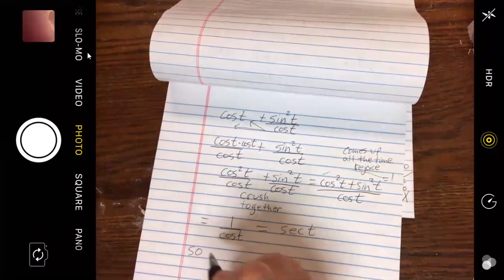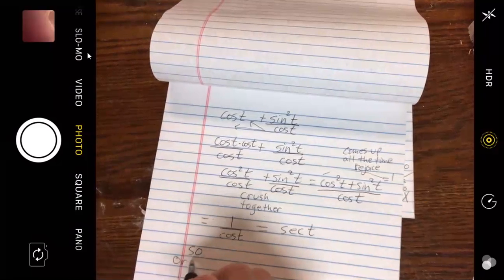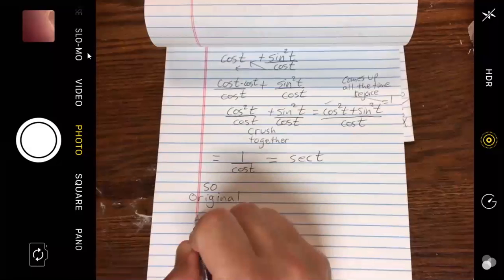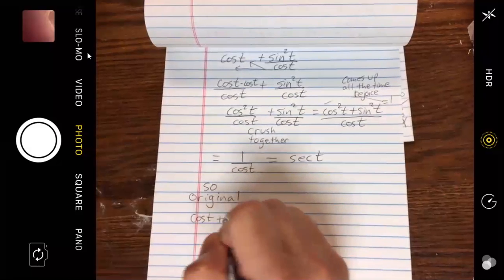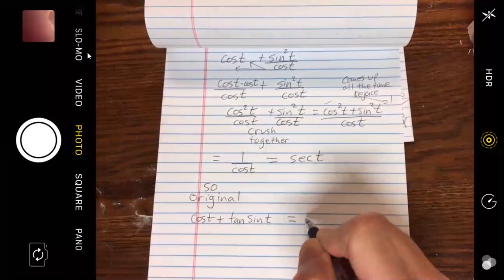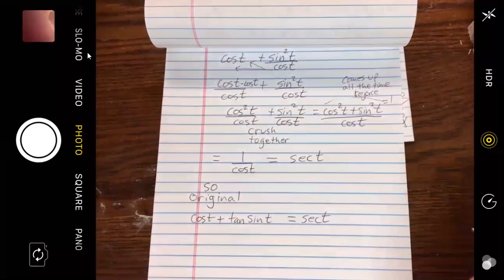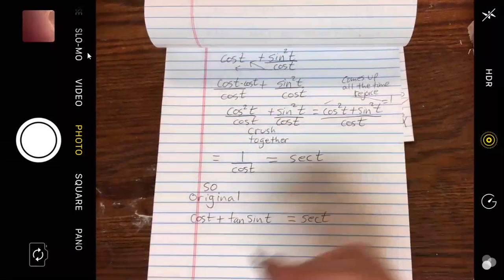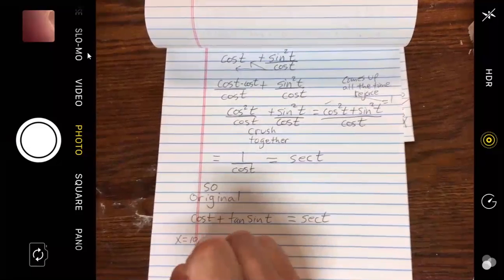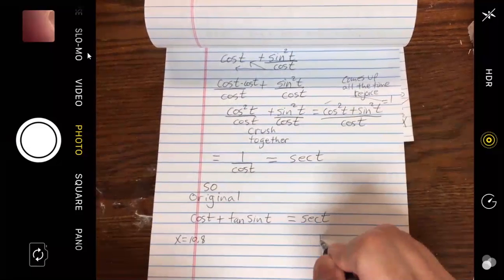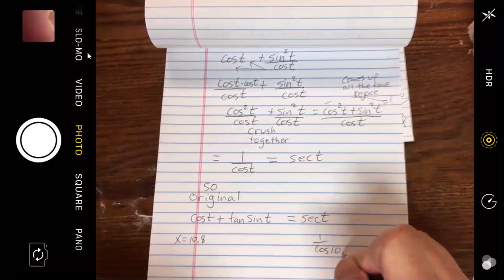So what that means is the original cosine t add tangent t sine t is identical to a secant t. If you want to punch both sides, I'll just make up a 10.8. You'd have to punch this 1 divided by cosine of 10.8.